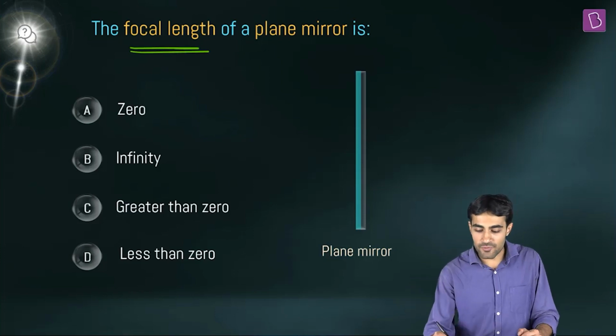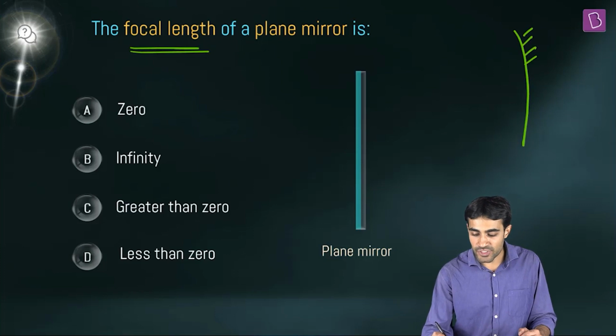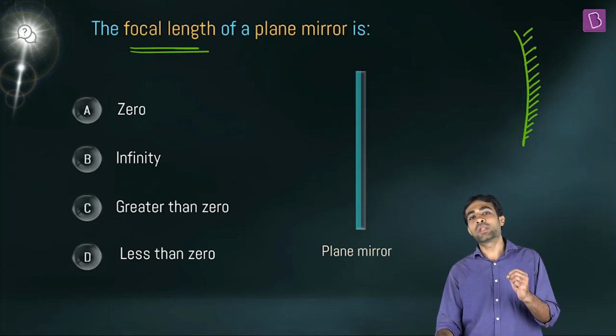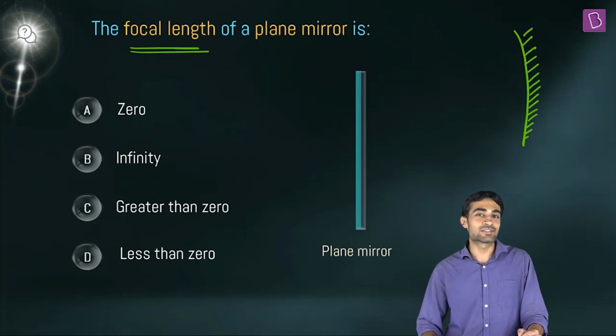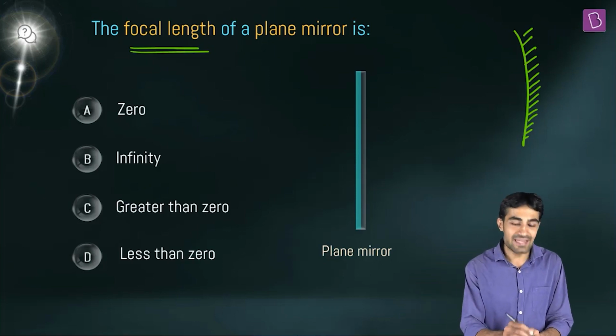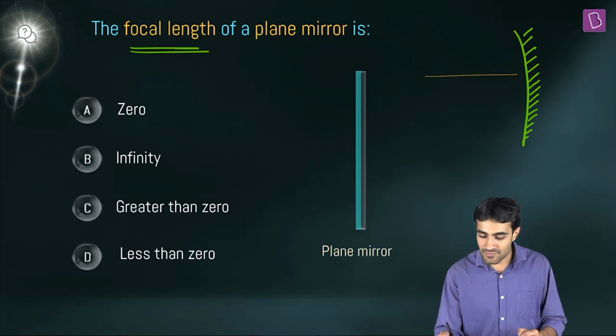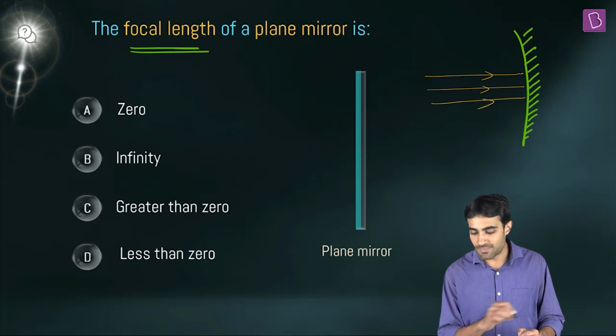Well, in case of a curved mirror, it is very easy to determine the focal length. Focal length is just the distance between the pole and the focus of the mirror. How do we find where the focus of the mirror is? Well, that is very easy. Imagine some rays which are parallel to the principal axis and very close to the principal axis.